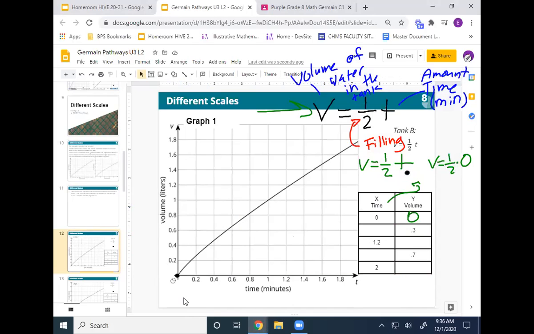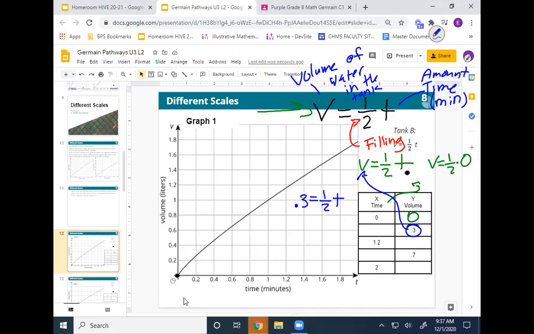Next I need to figure out when my volume is going to be 0.3. So I'm going to take this 0.3, and instead of plugging it in for our T, we're going to plug it in for our V. So 0.3 is equal to 1/2 of T. So 0.3 is half of what number?